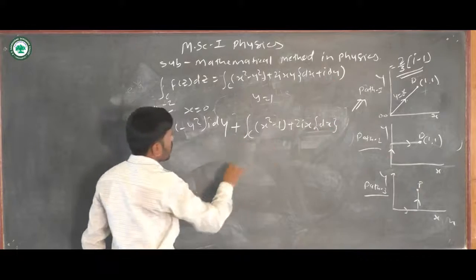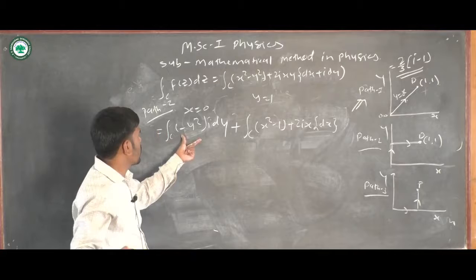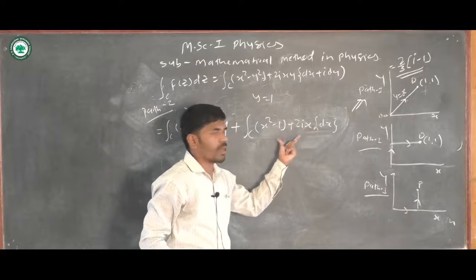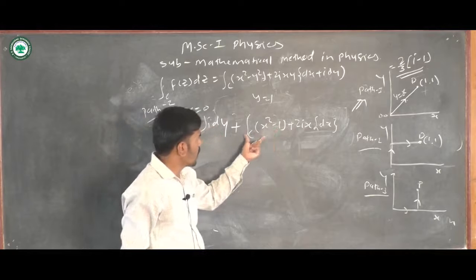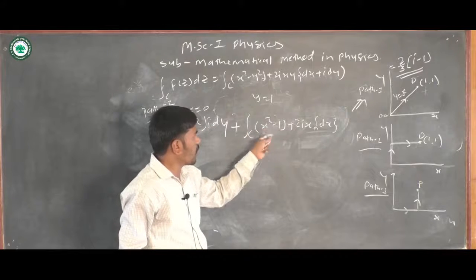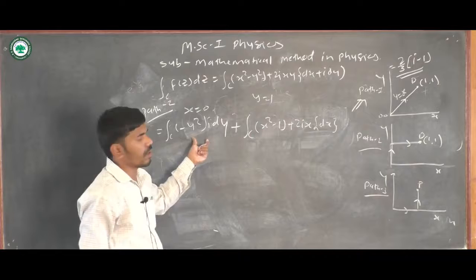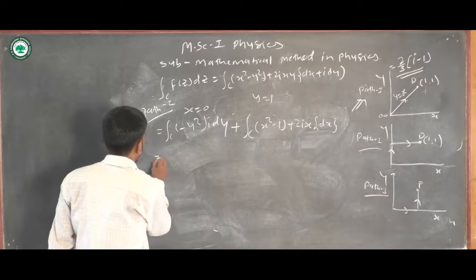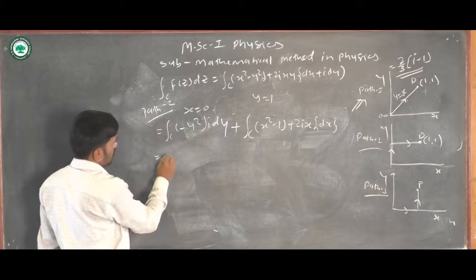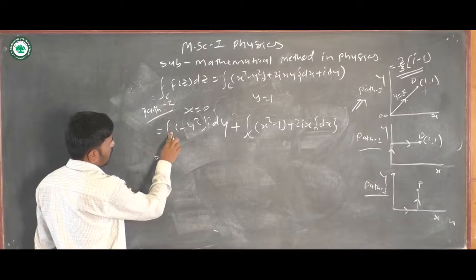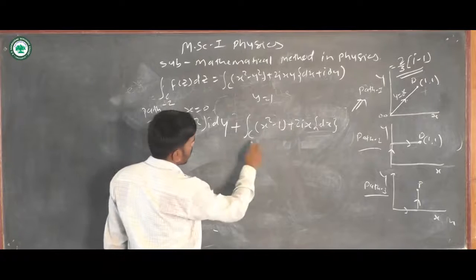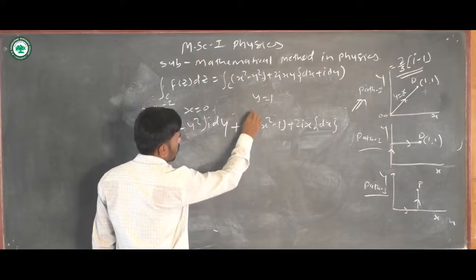Now you observe these two expressions. This is integration with respect to y, and this is integration with respect to x. Means this integration has one variable, that is x, and here one variable, that is y. Now if we take the limits, here 0 to 1, because y varies from 0 to 1, and here also x varies from 0 to 1.